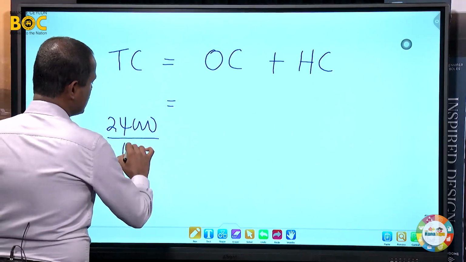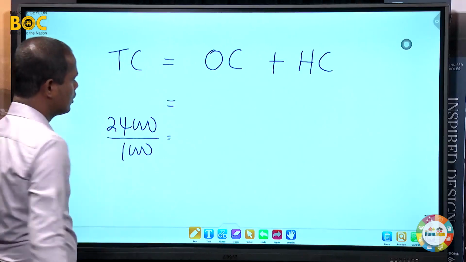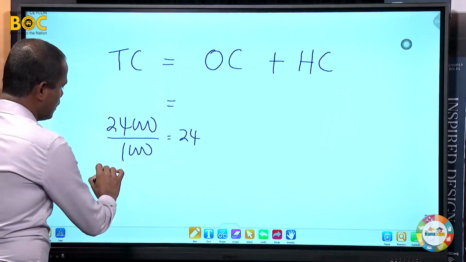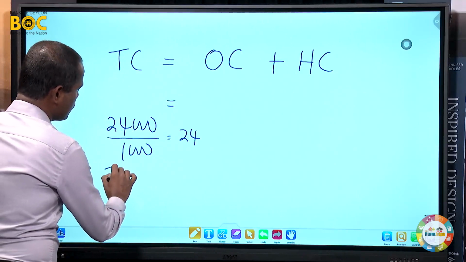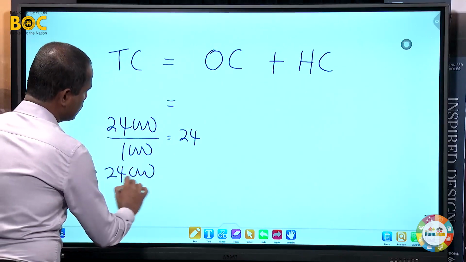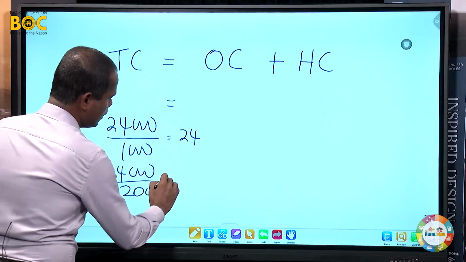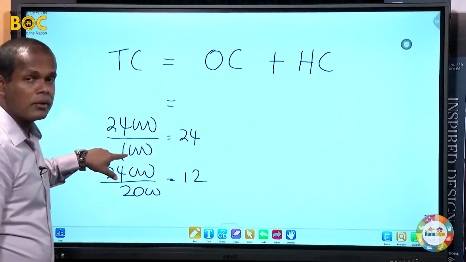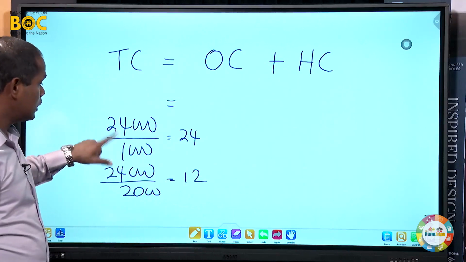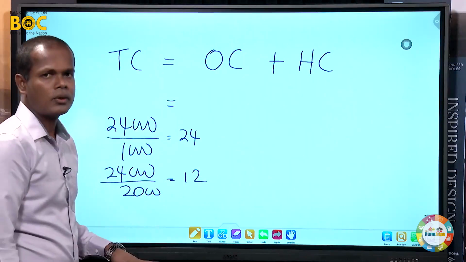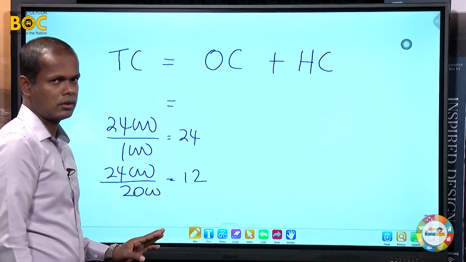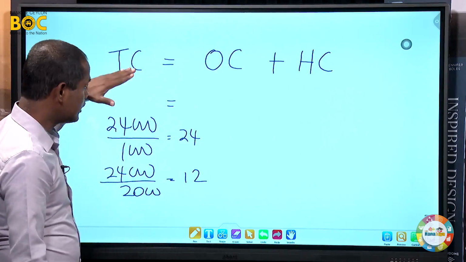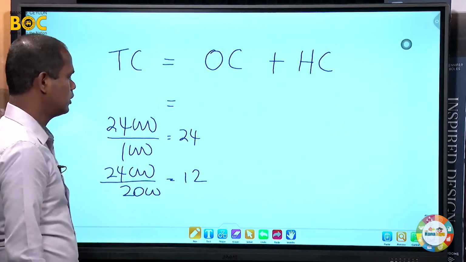If you order 1,000, you have to make 24 orders. If you order 2,000, 24,000 divided by 2,000, you make only 12 orders. When the number of units in an order increases, the number of orders decreases.